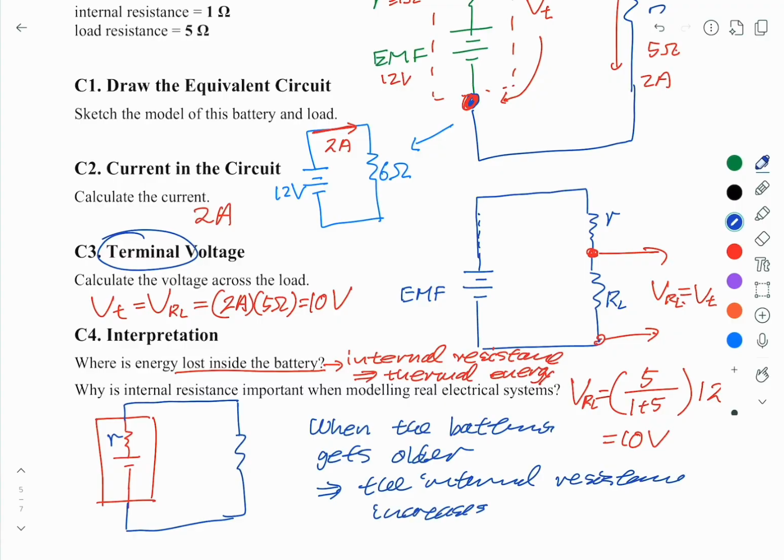So the consequence is the terminal voltage will drop, and this is consistent with our everyday experience, because when the battery is getting older and we measure the terminal voltage, we'll find the value drops.